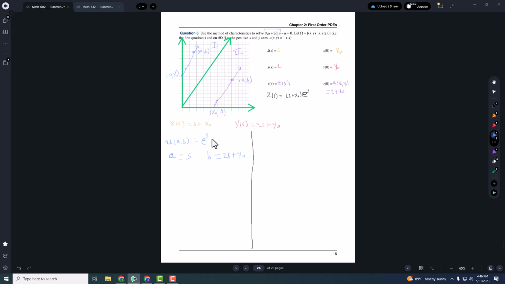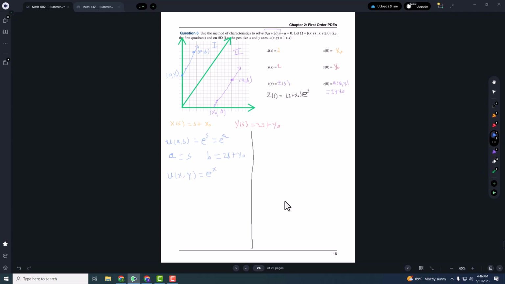So s is equal to a, so this is just equal to e to the a. So in region 1, u of x,y is just equal to e to the x.